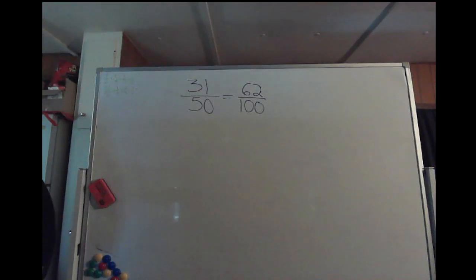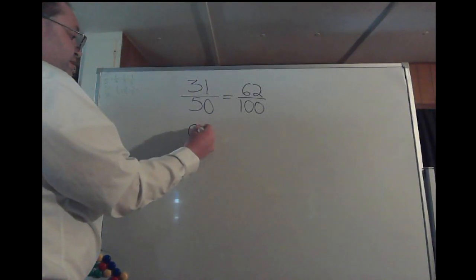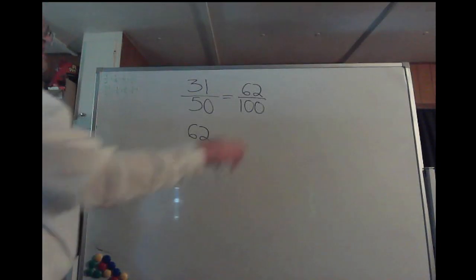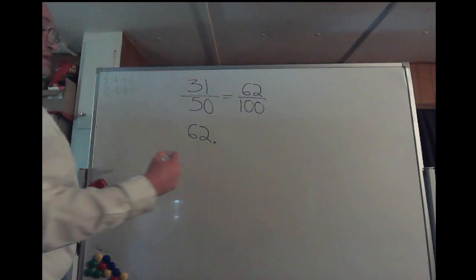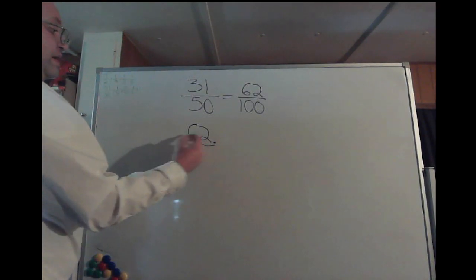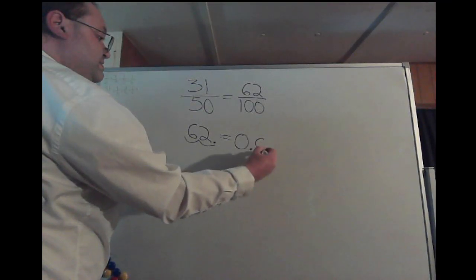Alright, so we have converted that to 62 hundredths. Let's do the conversion to a decimal. Take the numerator, 62, put the decimal point right after the 2. Now we see 2 zeros in the denominator. That means we need to move the decimal point 2 places to the left. So 1, 2. So your answer is going to be 0.62.